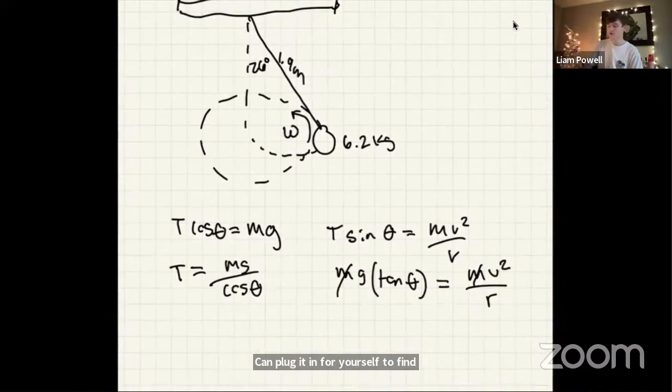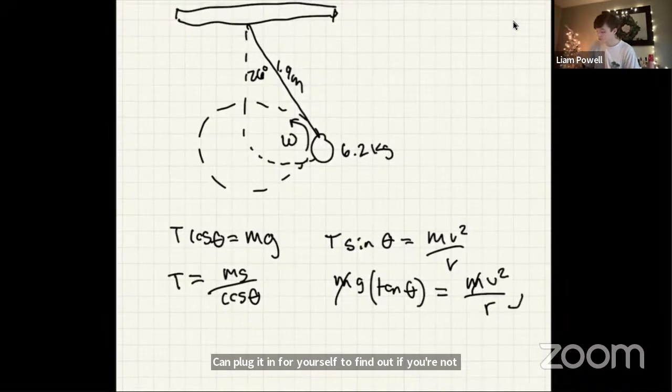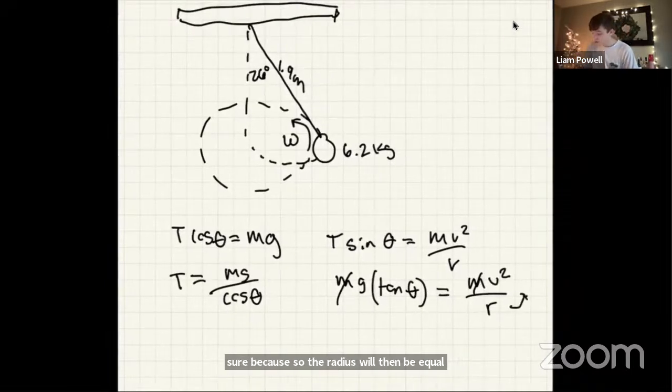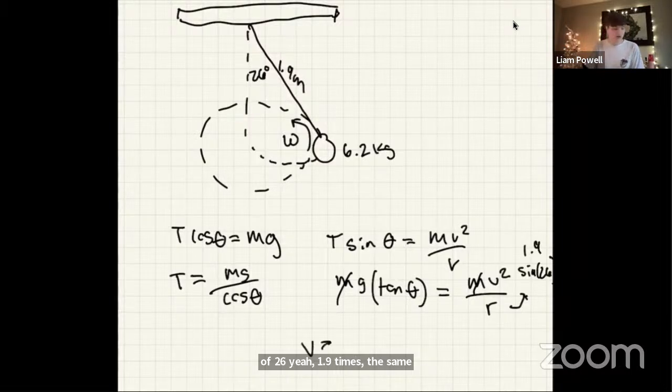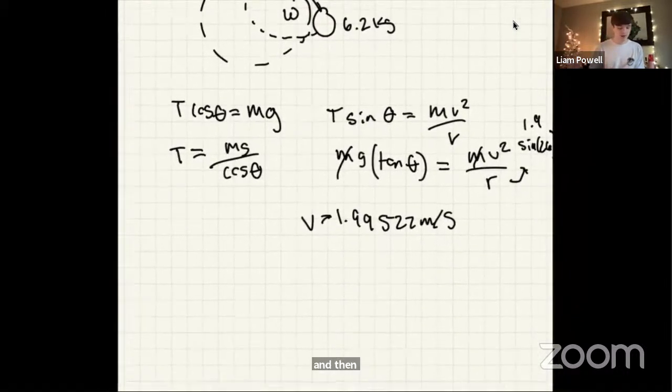The radius will be 1.9 times the sine of 26. And then the velocity is equal to 1.99527 meters a second.